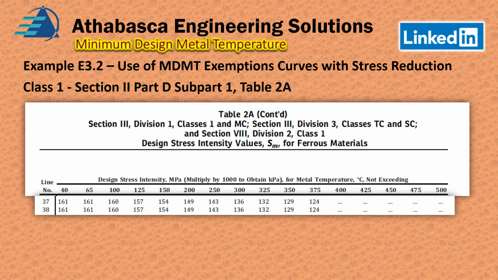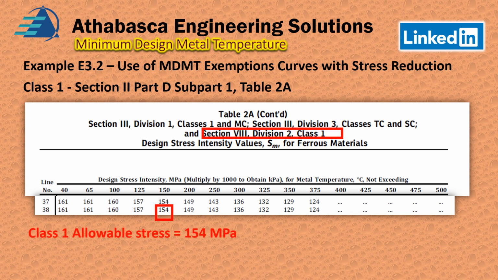To continue with Table 2A, you would look for the design allowable stresses from this table, also called the design stress intensity values. There's a preamble in the appendices that explains there's a slight difference because you can add correction factors for your different cases. But in this case, the allowable stress is the design intensity value.